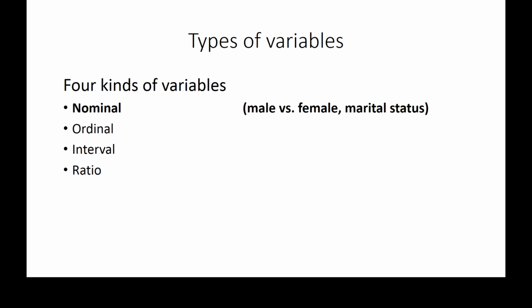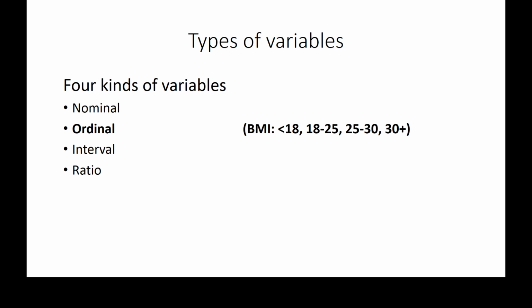If the variable is categorical, but it's possible to set an order, we say that the variable is ordinal.